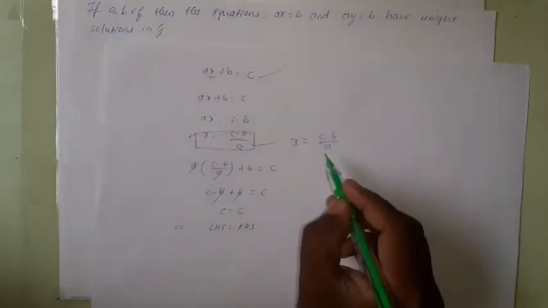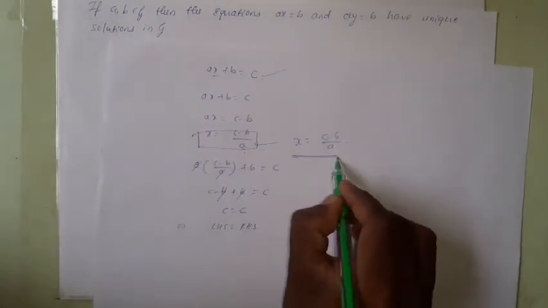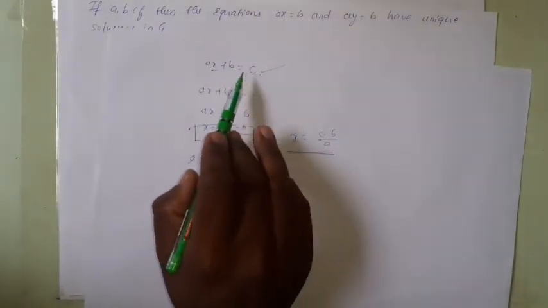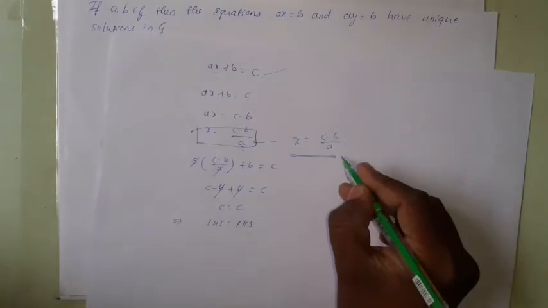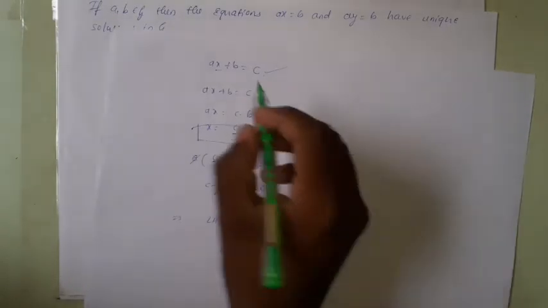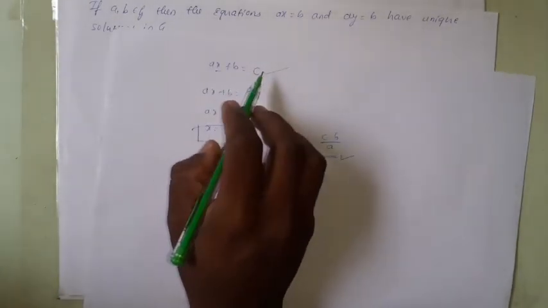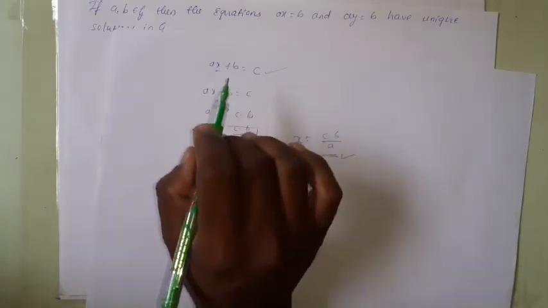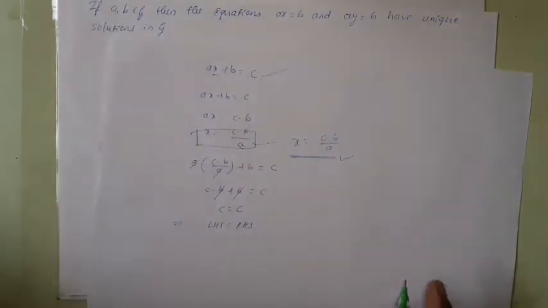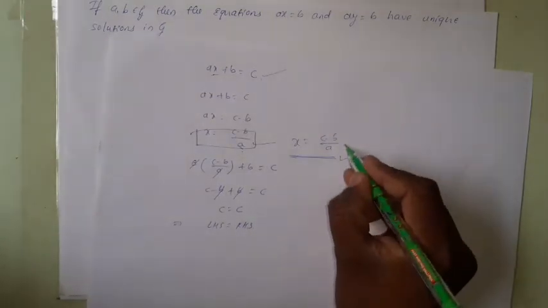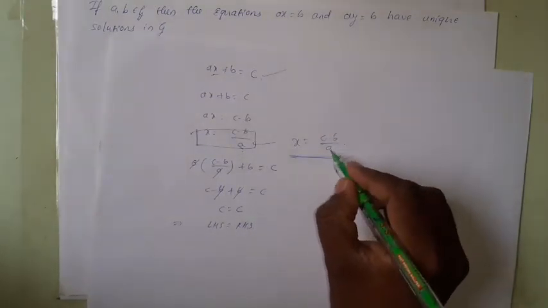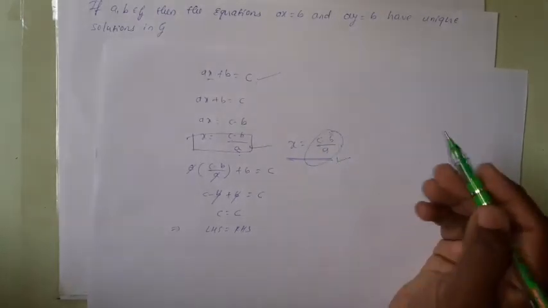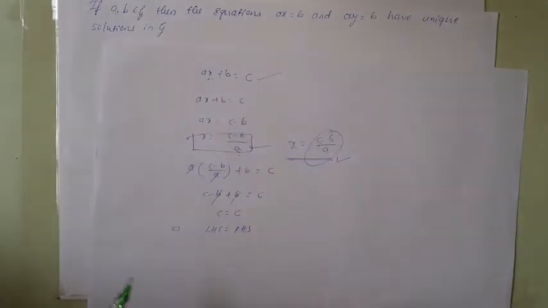It means that this is the only solution of the equation Ax plus B is equal to C, means the solution is unique for the equation Ax plus B is equal to C, because this is a linear equation. So for linear equation there will be only one solution. So that solution here it is given by C minus B divided by A. Now if you replace the value of x by any other value, then it will not satisfy.